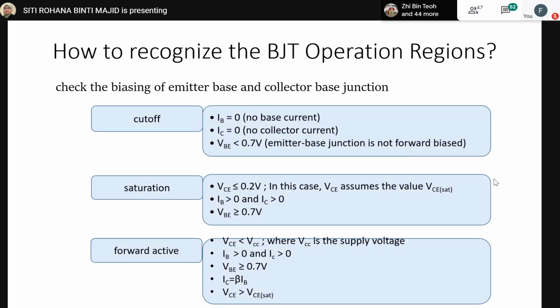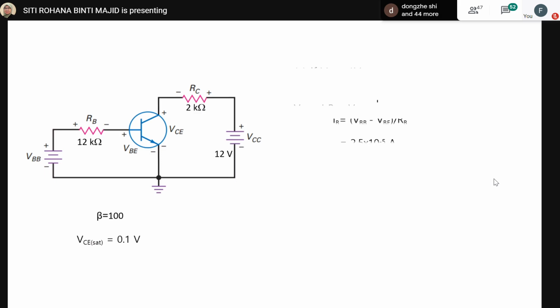To identify whether the BJT is in forward active or saturation, we depend on VCE compared to the saturation value. So you have to calculate IB, then you calculate IC, and then you calculate VCE, right? Because these three factors will indicate which region this BJT is in.